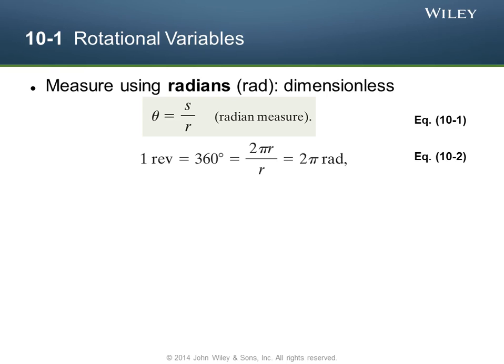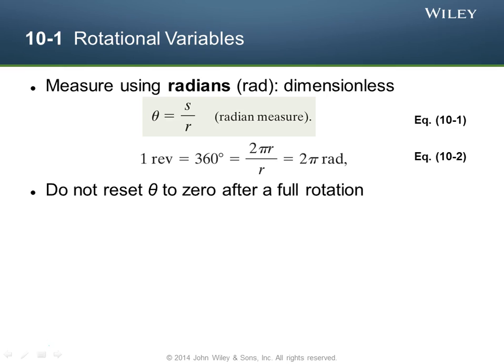We know from geometry that theta is equal to s over r, where s is the arc length, or the portion of the circumference, divided by the radius. So that's 2 pi r divided by r if we have a full revolution, or 360 degrees, which gives us 2 pi radians.